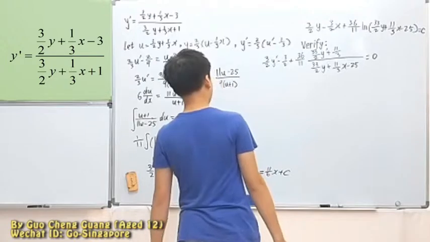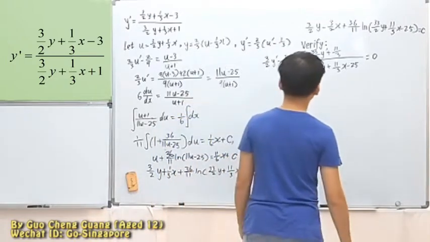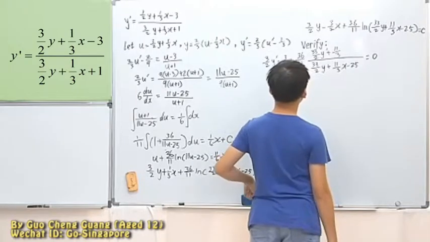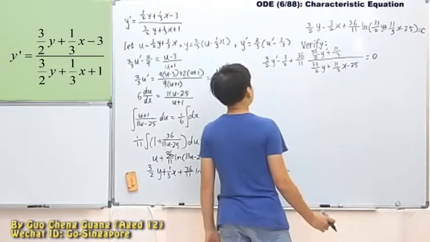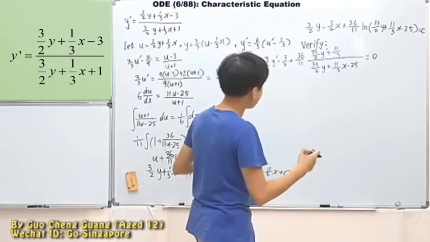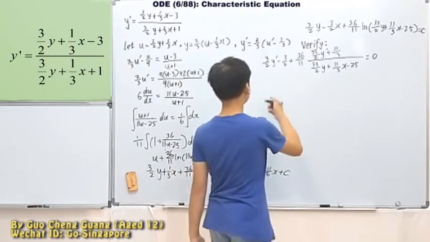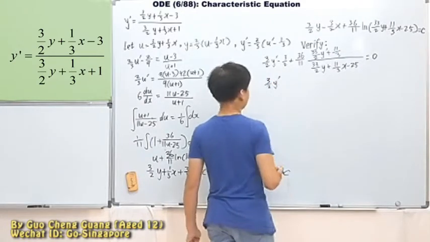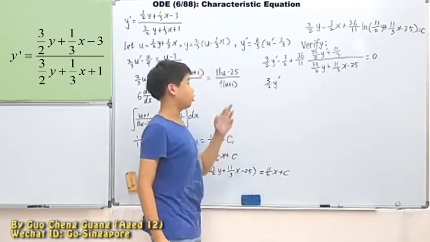What do you have here right now? You have all these things. Let's try to simplify a little. For example, y prime, we can put it on one side.